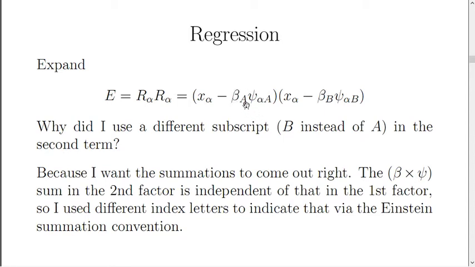The index values in this sum do not have to match those in this sum. It should include all its cross products if you work it out algebraically. I used a different index letter to indicate that this sum is over all possible values of A, and this sum is over all possible values of B. They're different sums, so I use different index letters to apply the Einstein summation convention.